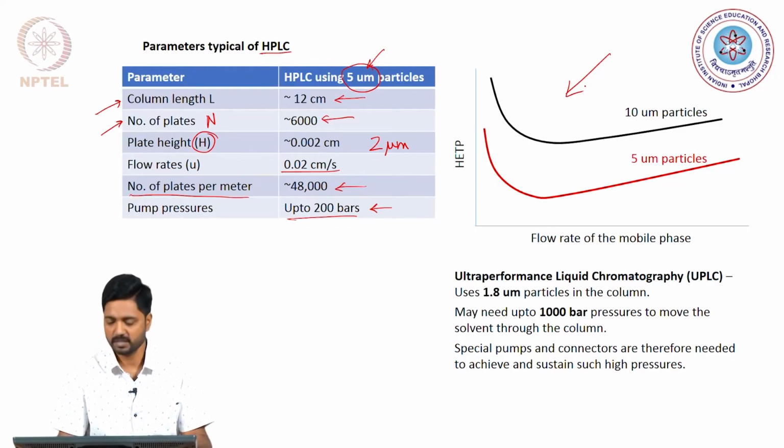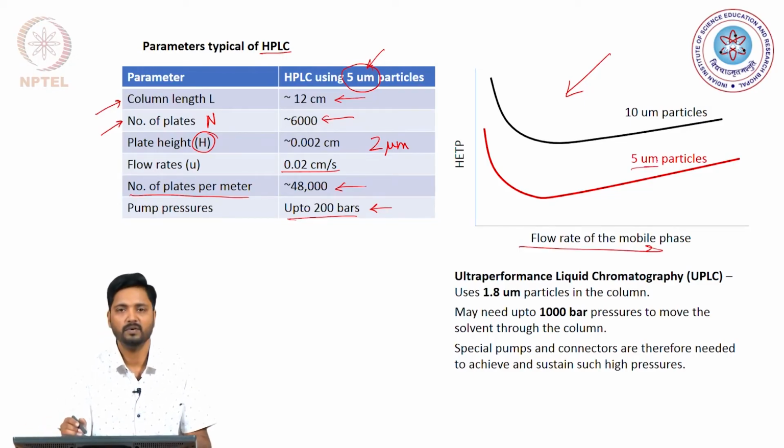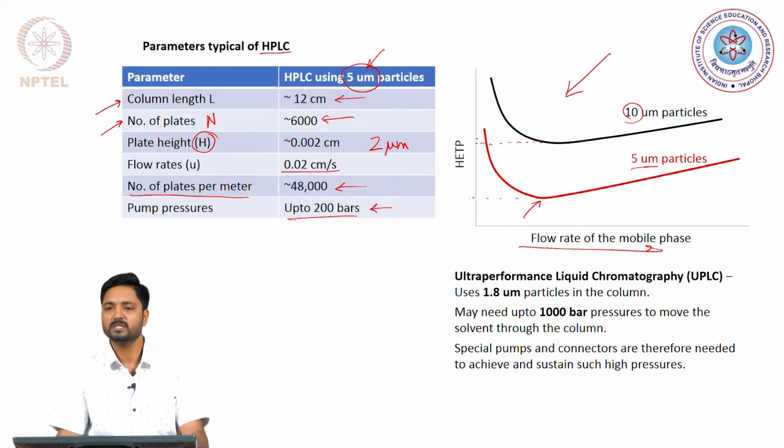What we notice is that for a similar rate of flow of the mobile phase, the 5 micron particles will consistently result in much smaller HETP values compared to larger particles, in this case about 10 micron average particle diameter.